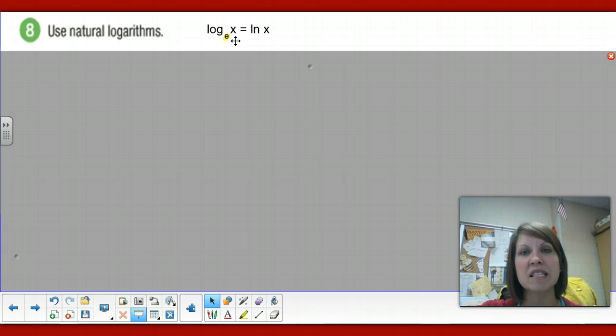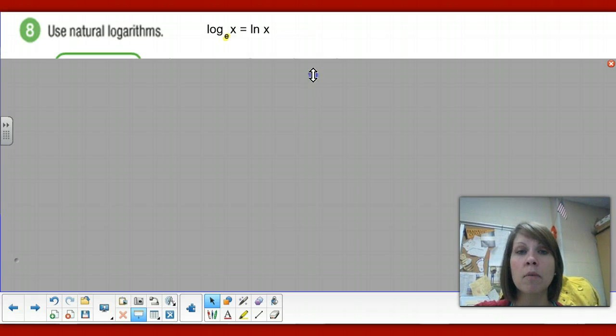We see this e in nature. A log with a base of e is a natural log, ln. I always make my L cursive when I'm writing so that it doesn't look like a 1. But anytime you see an ln, that's natural log, and it's log base e.